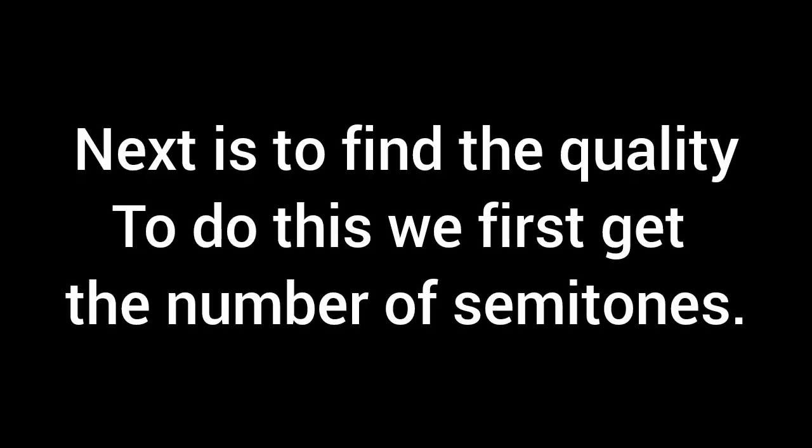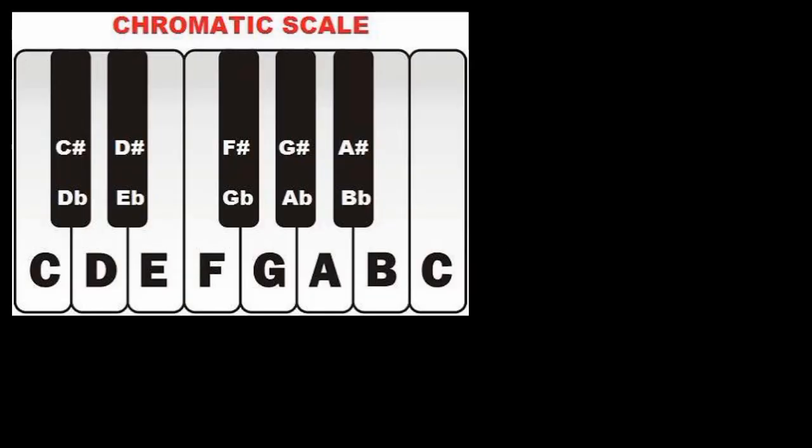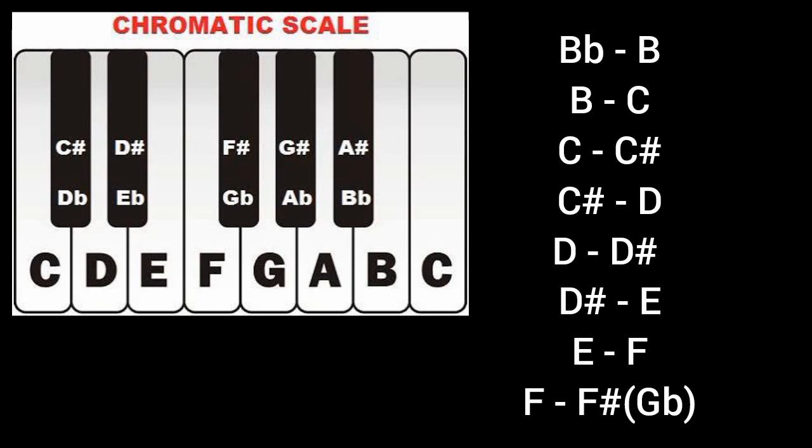Now the next thing is to find the quality, and for us to do that, we need to find the number of semitones. Let's use our chromatic scale. From B flat, we will go to B. From B we will go to C, that makes 2. From C we go to C sharp, that's 3. From C sharp we go to D, that's 4.